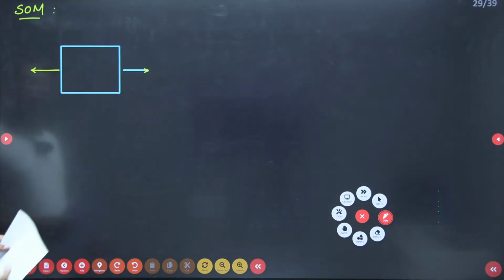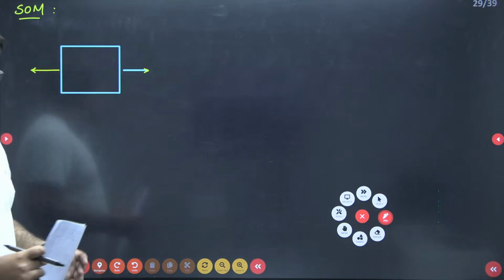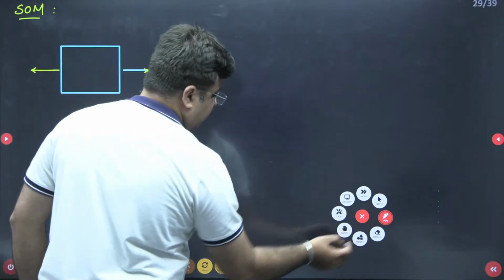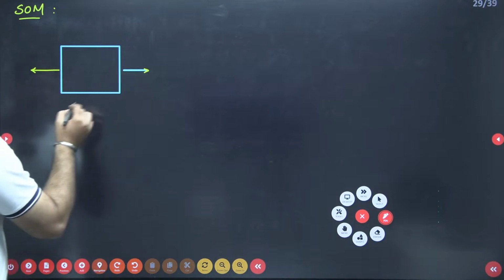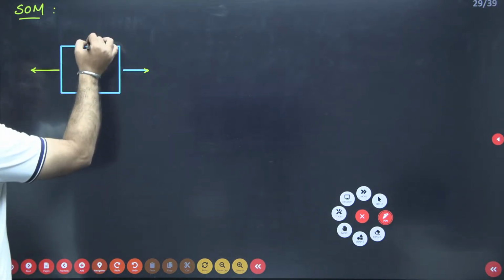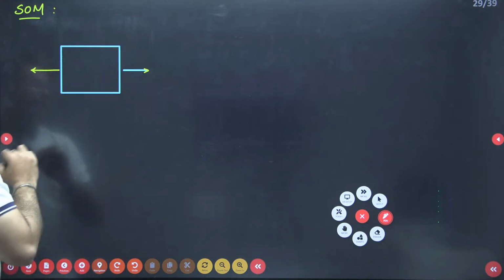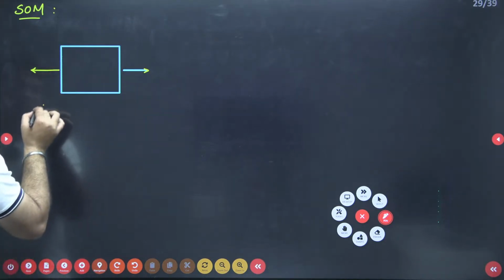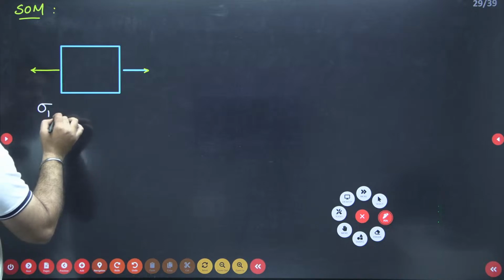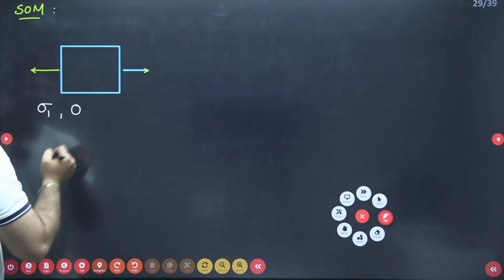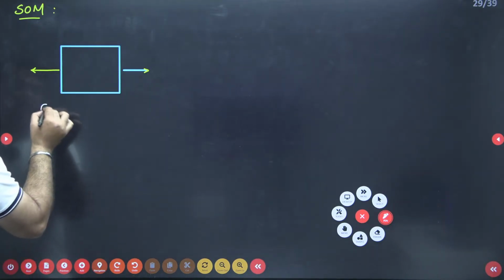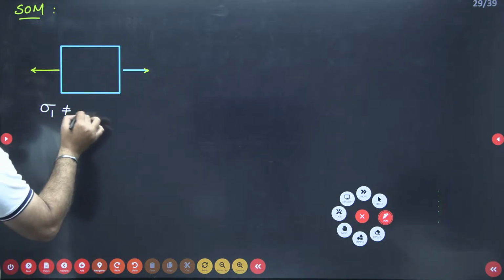Okay. So for this state of stress, the Mohr circle will be, you can see here, the sigma 1 will be there, but there is no sigma 2, okay, or sigma x is there, sigma y is not there. So sigma 1 is there, but sigma 2 is 0. Sigma 1 is non-zero and sigma 2 is 0.